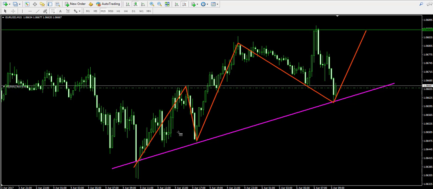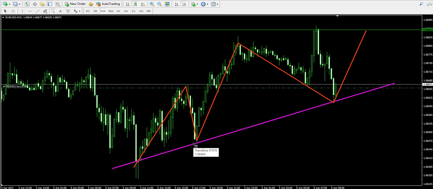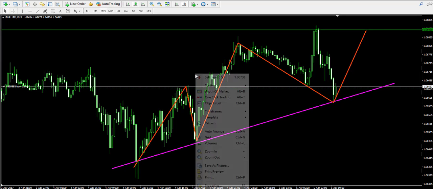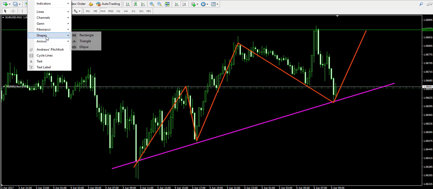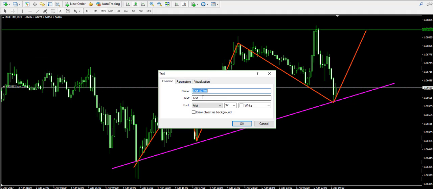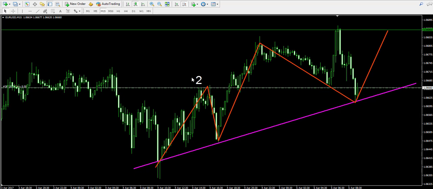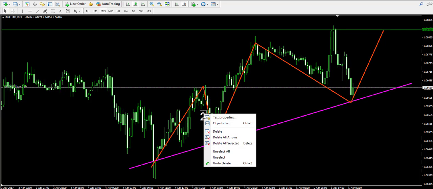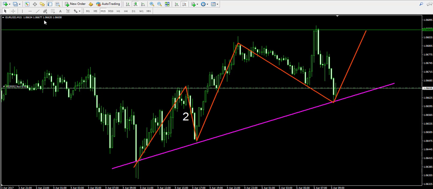So now let's do some measuring. According to the Elliott Wave Theory, the second wave, which is this one. Alright, let's do some writing first. Okay, text. 2. White. Okay, second wave over here. Okay, insert text, the first wave over here.